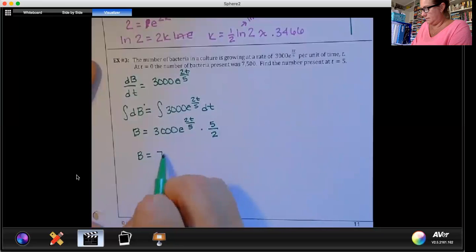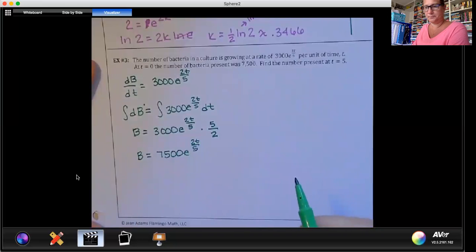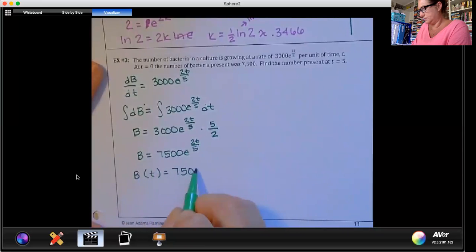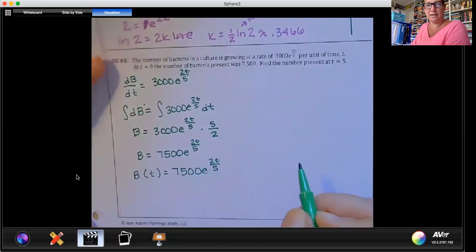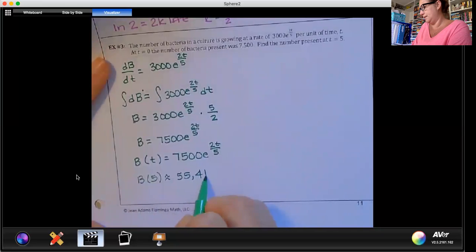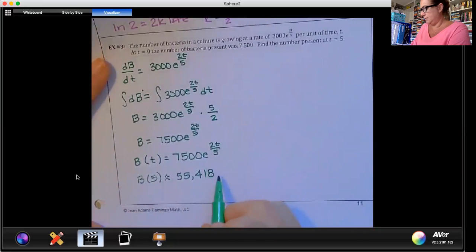And then that's 7,500 e to the 2t over 5. We're just going to say that's B of t so that we can say find B of 5. Plugging that into your calculator gives you approximately 55,418 bacteria.